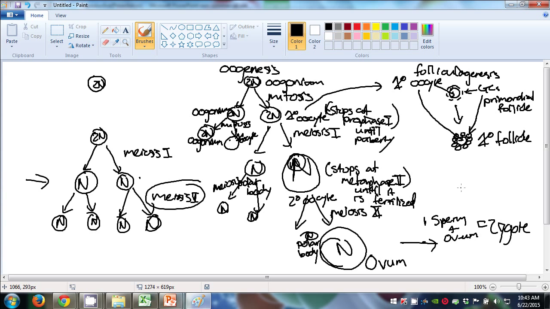As this primary follicle still has the follicle stimulating hormone influencing it, it will continue to develop. But now when it develops, it has multiple layers of these cells here. What do you call these cells around it?